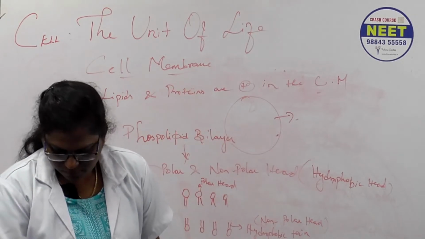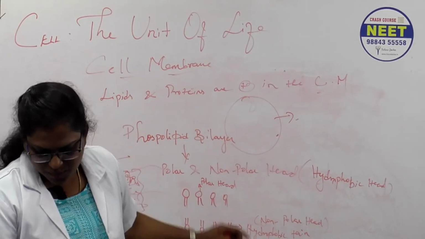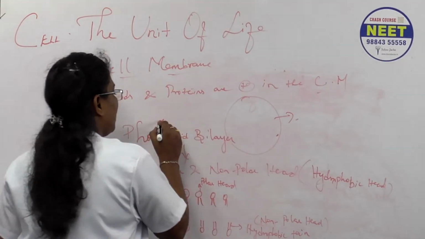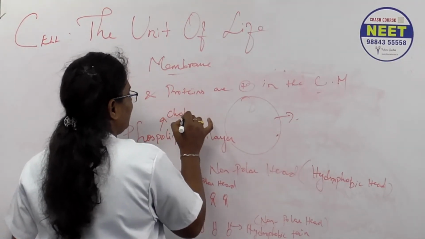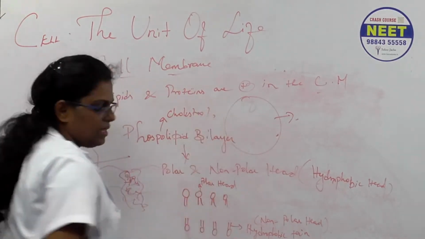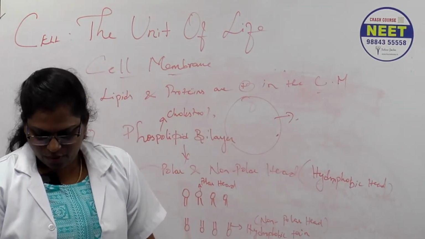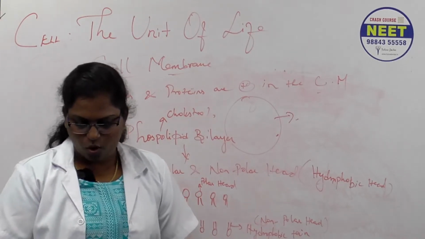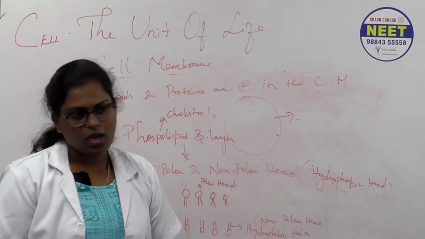And then, in addition to phospholipid, the membrane also contains cholesterol. Next, later biochemical investigation clearly revealed that the cell membrane also possesses protein and carbohydrates.